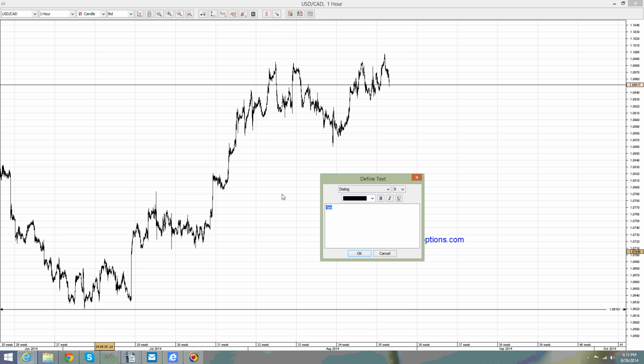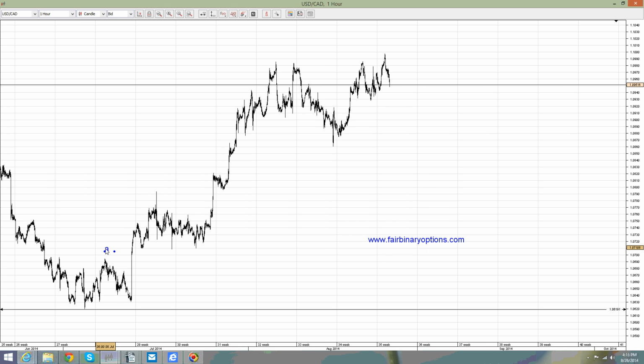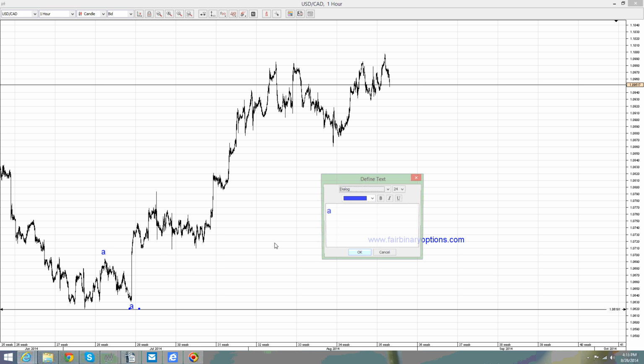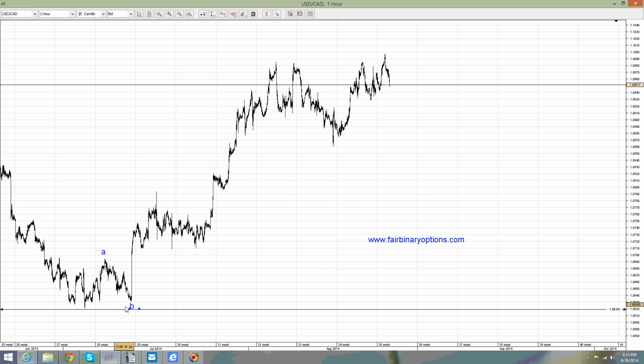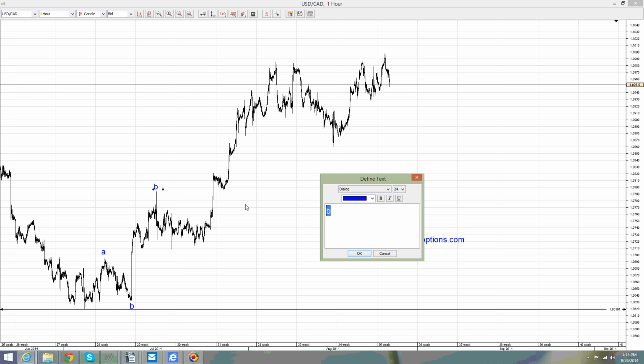So this would be a wave A of a flat, then the B wave that is mandatory to retrace more than 61.8 out of wave A. So this would be the B wave, A and B, then the C wave all the way to the upside, 1, 2, 3, 4, 5, all the way to the upside, this to be the C wave, A, B, and C.